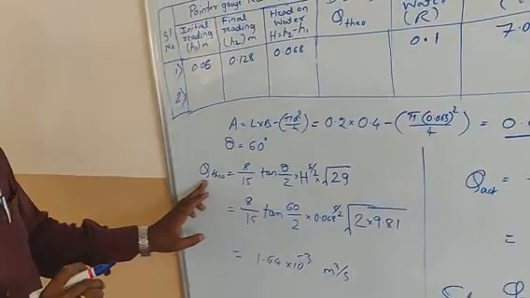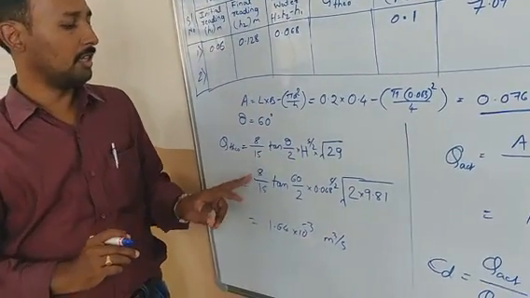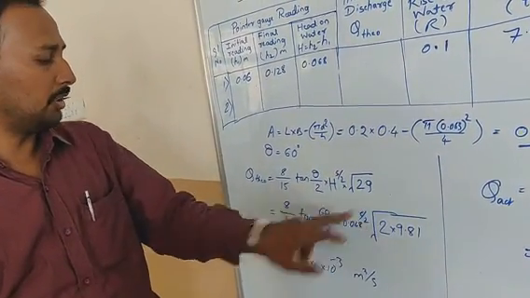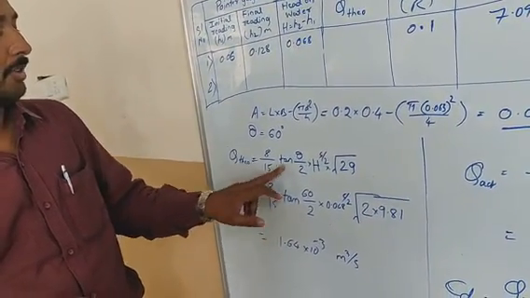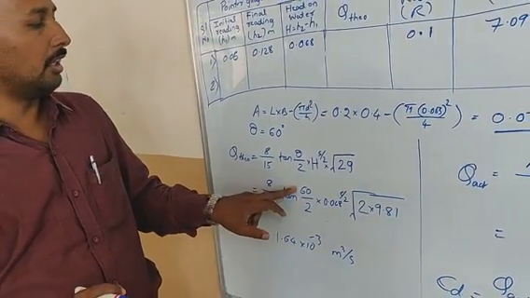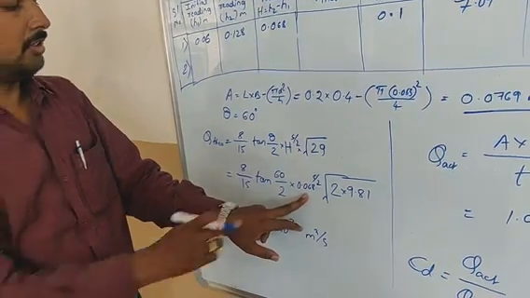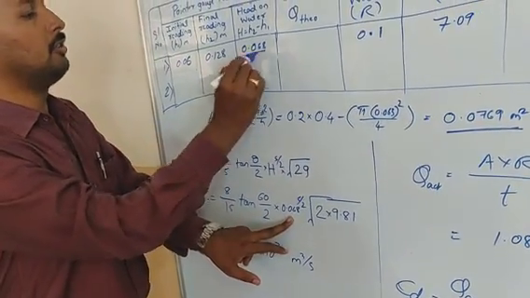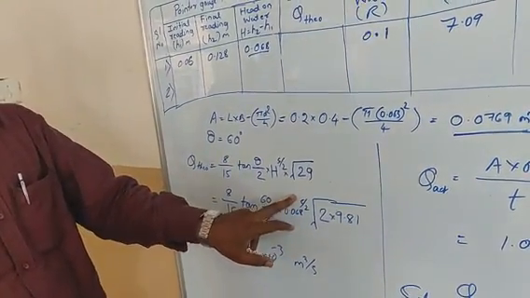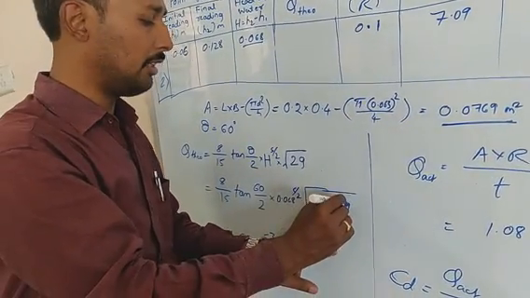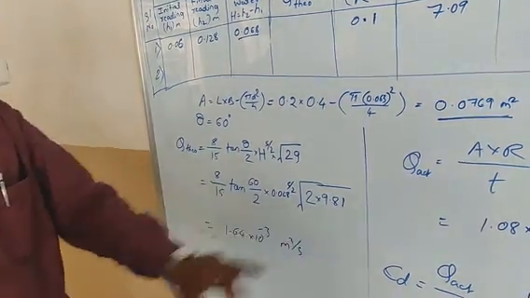Now for theoretical discharge, the formula is 8 by 15 tan theta by 2 into h raised to 5 by 2 into square root of 2g. 8 by 15 tan theta, means tan of 60 by 2, into h, that is 0.068 raised to 5 by 2, square root of 2 into g. g is acceleration due to gravity, 9.81.